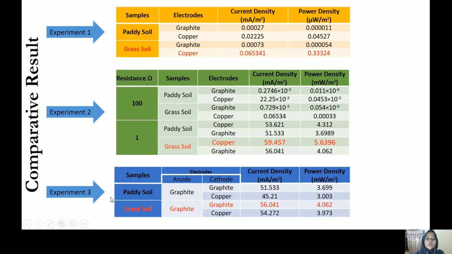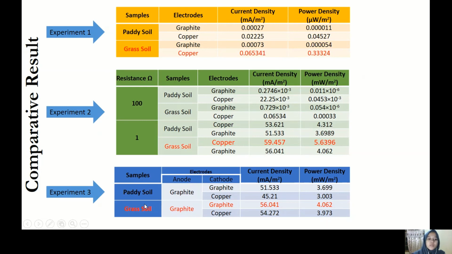And experiment 3 is to see the performance of a combination of different electrodes, which is the combination of graphite and graphite, and then the combination of graphite and copper.